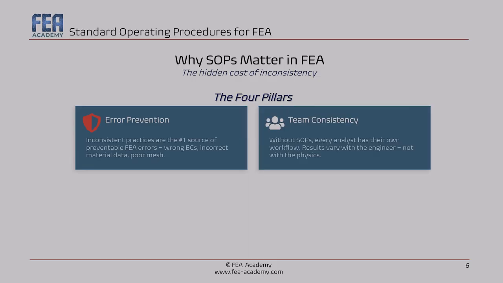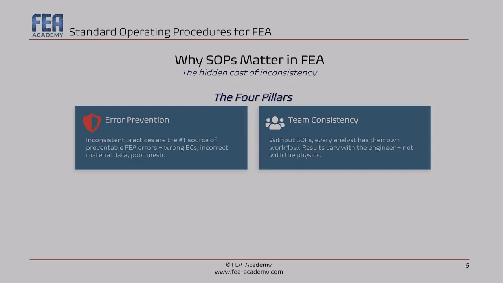So from the previous example, now scale that unit error scenario across a team of 10 analysts, each with their own CAD import edits, their own favorite mesh settings, their own interpretation of what adequate convergence means, and you don't have a team doing FEA.